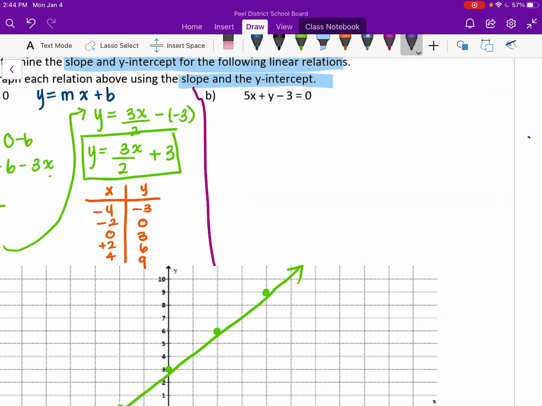Okay, so we have B is equal to 5x plus y minus 3 equals 0. And I'm just going to rearrange and try to get that y by itself.